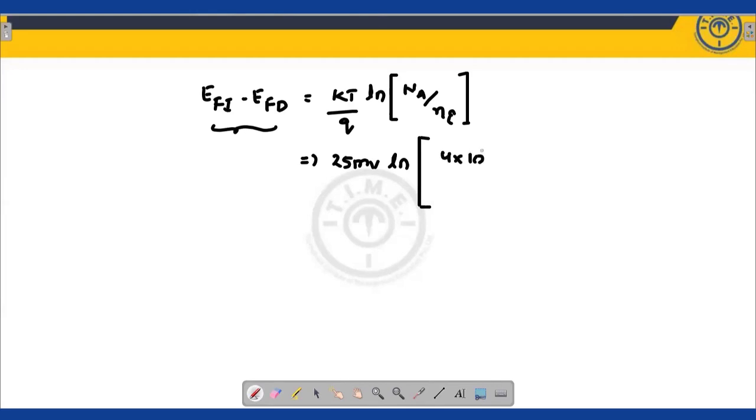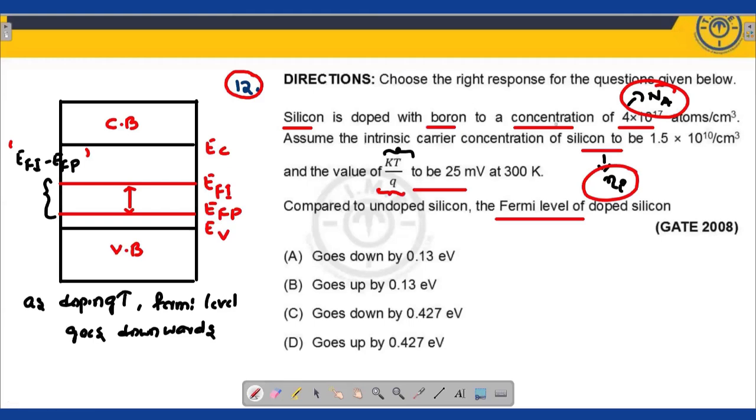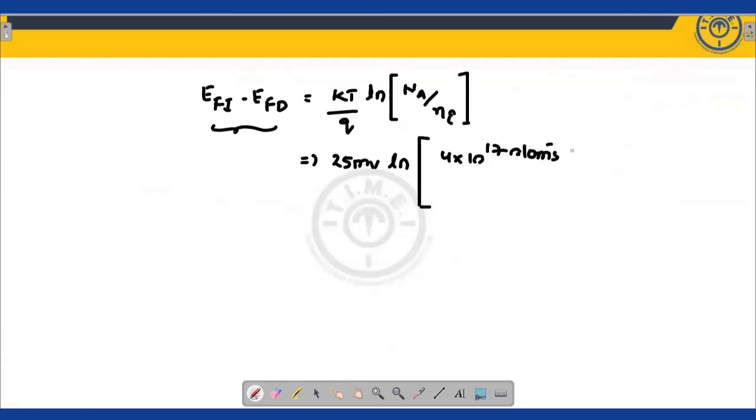4 into 10 power 17 atoms per centimeter cube, divided by the intrinsic concentration.